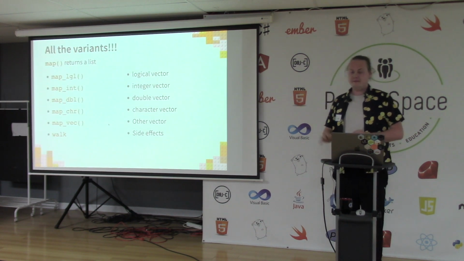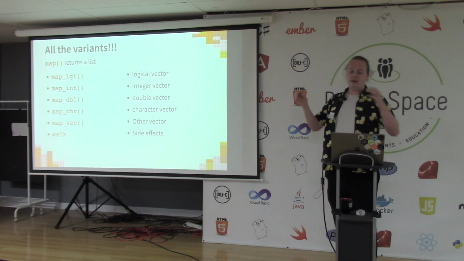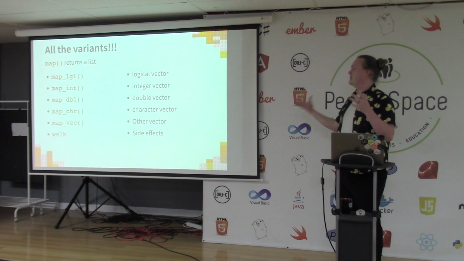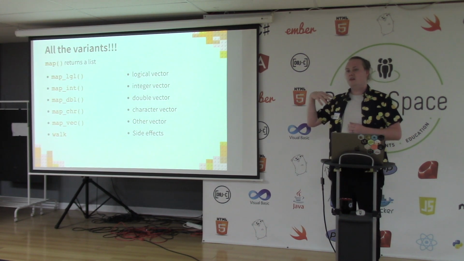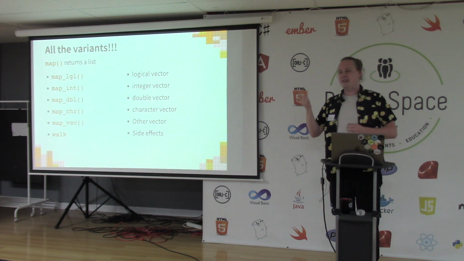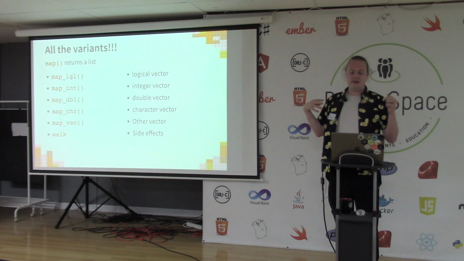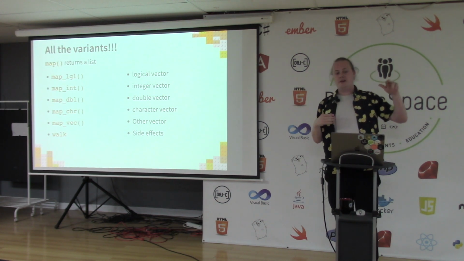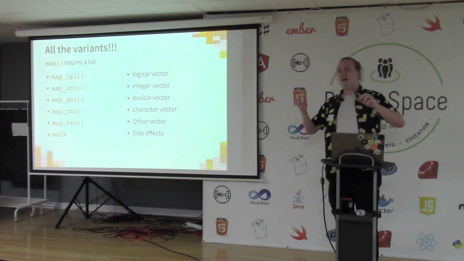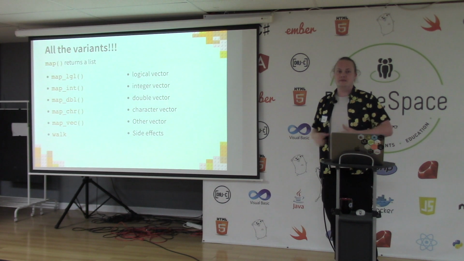Everything so far, we saw map returning lists of the same length, but we have a bunch of different variants for the most common use cases. If you know the output will always be a scalar, like a character value, you can just use map underscore chr, and it will take the resulting list and turn it into a character vector.